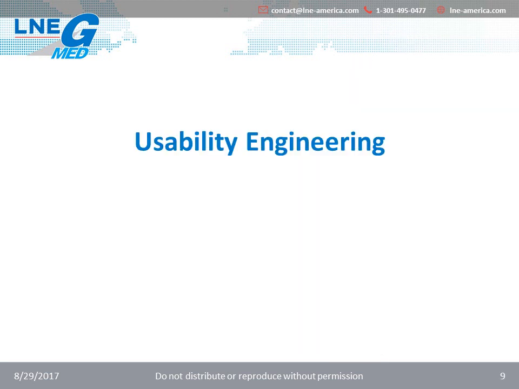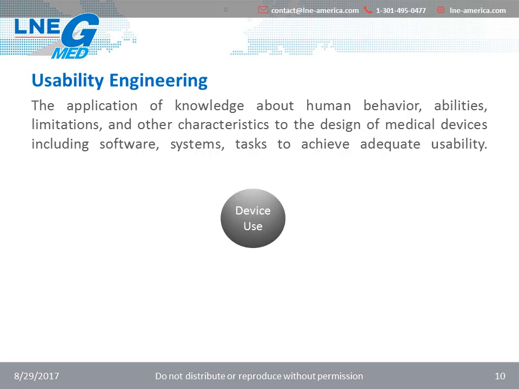Now, let's talk about usability engineering. Usability engineering is the application of knowledge about human behavior, abilities, limitations, and other characteristics to the design of medical devices, including software, systems, and tasks, to achieve adequate usability.